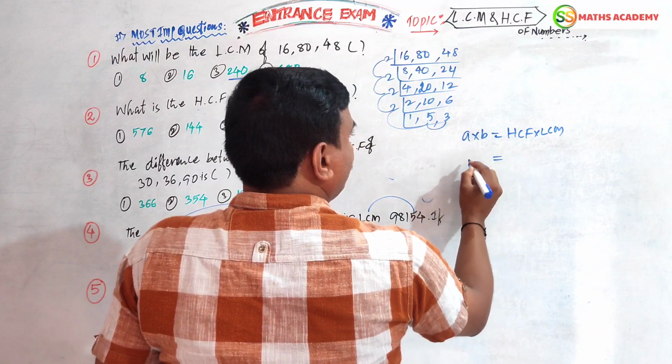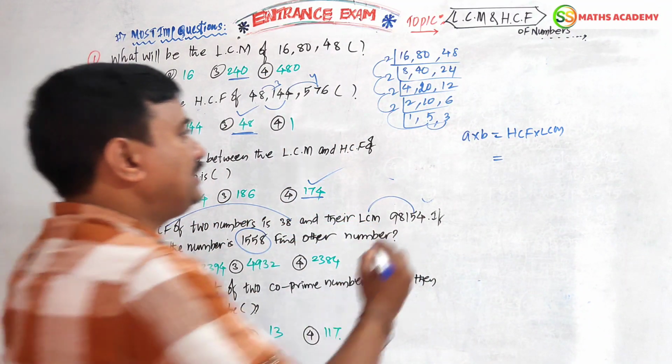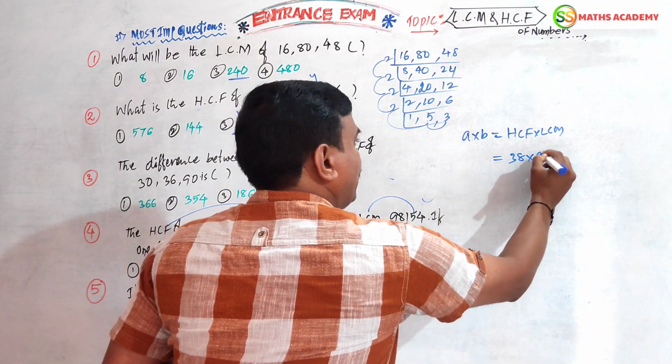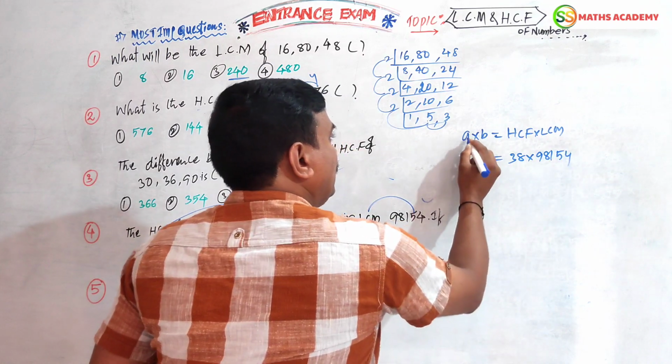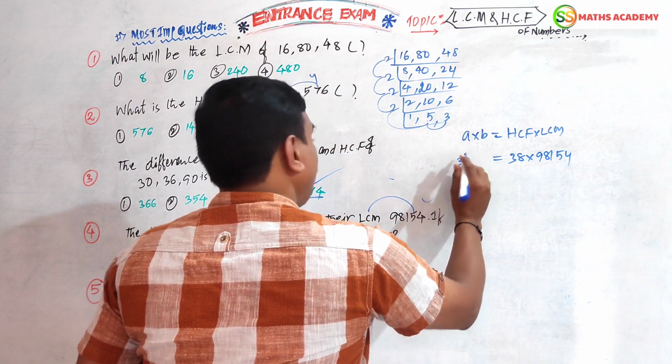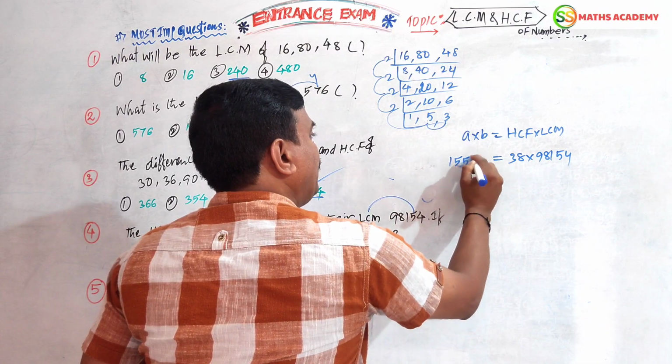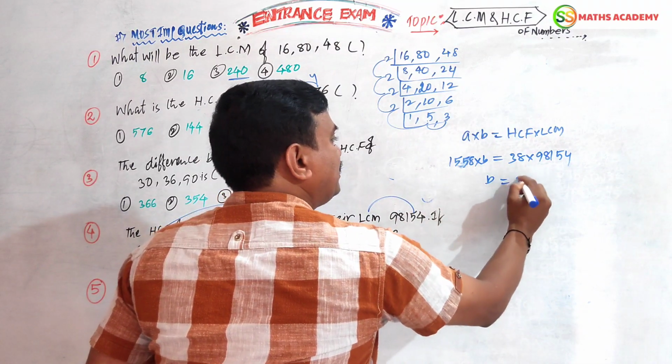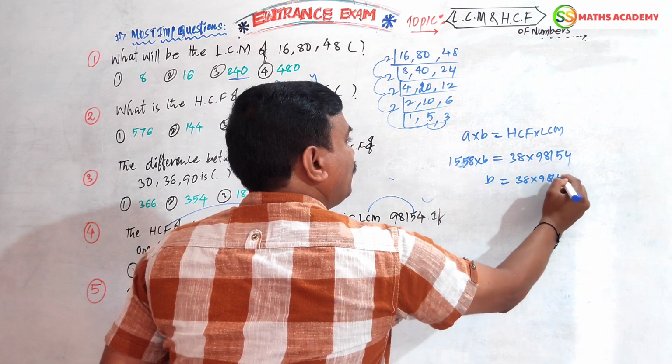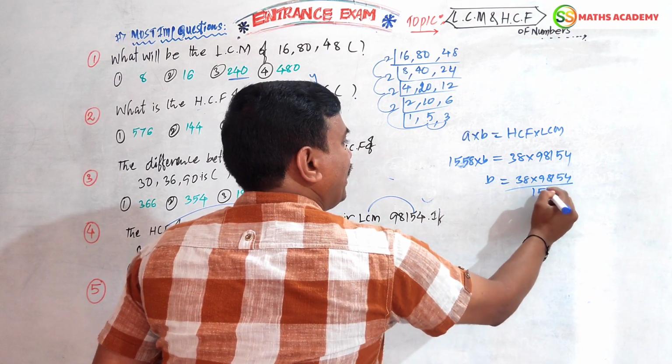So here 1558 into B equals 38 into 98,154. B means 38 into 98,154 divided by 1558.